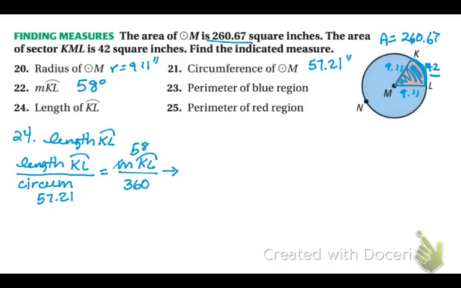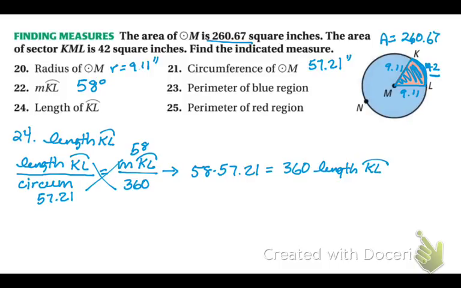And we know our measure of KL is 58. So we cross multiply. 58 times 57.21 is going to be equal to 360 times the length of KL.